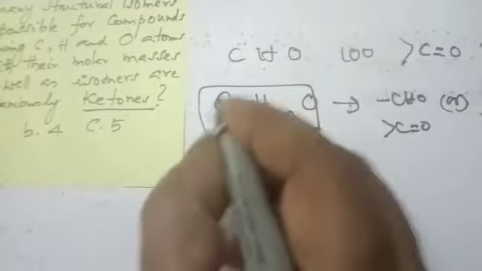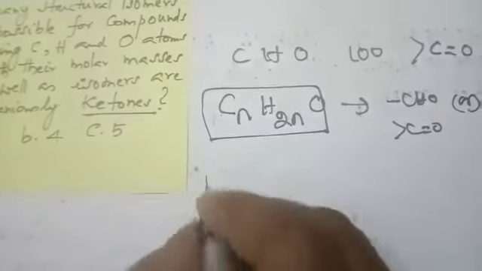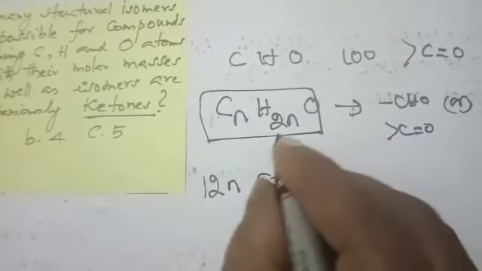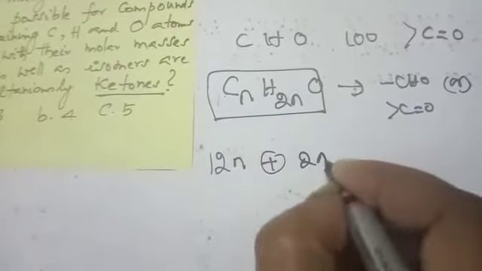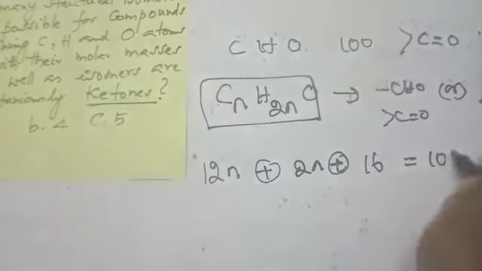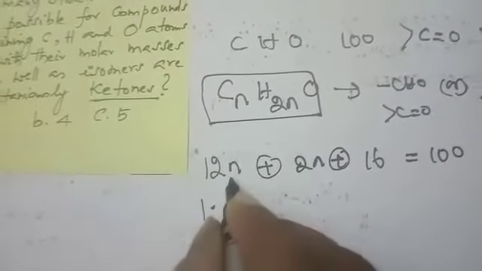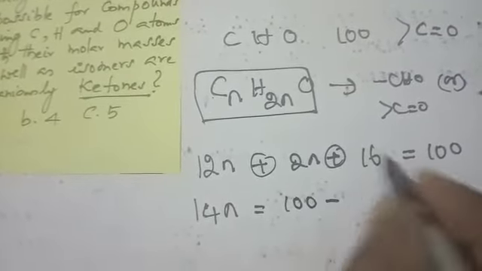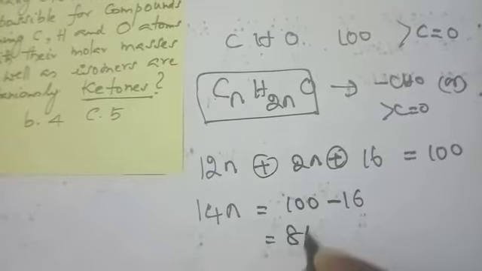Now let us substitute the atomic weights. Carbon is 12 into n, plus hydrogen is 1 into 2n, plus oxygen is 16, equal to 100. So simplify: 12n plus 2n is 14n, equal to 100 minus 16. We are getting 84.